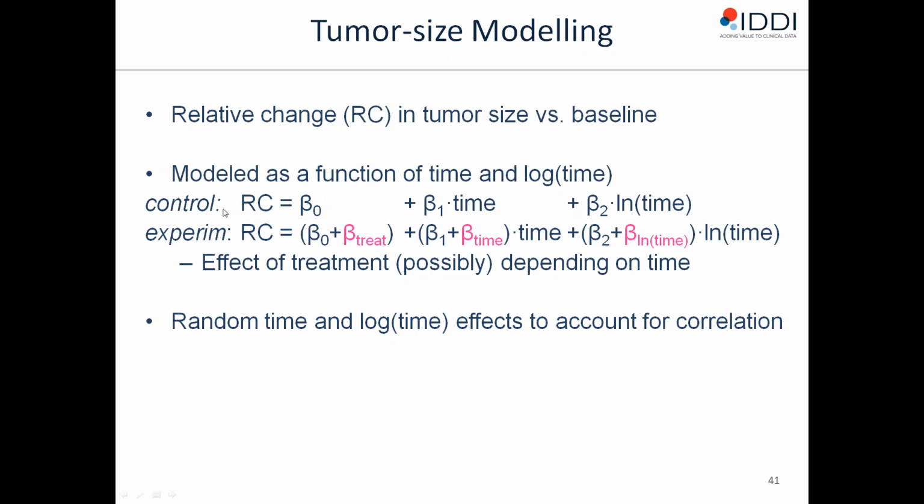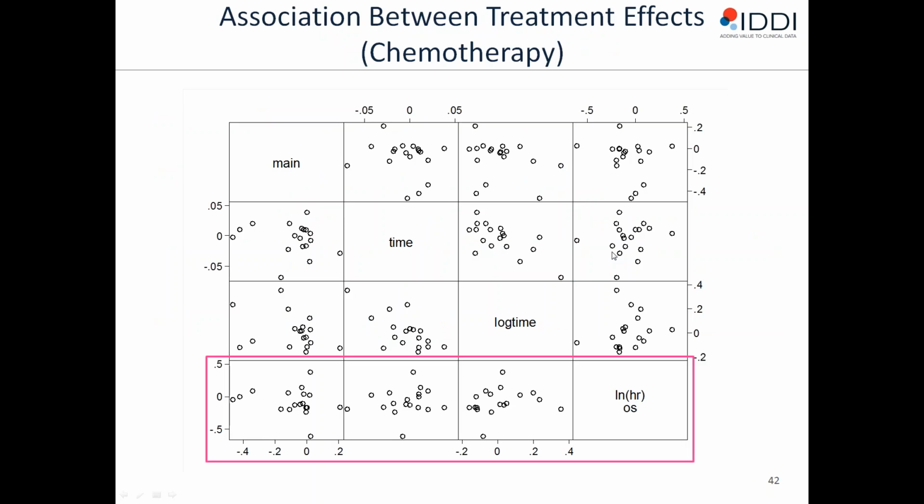So using this model which I have just described, we can look at the effect of the treatment as expressed by the shift in the profiles, by the effect on time, and by the effect on the logarithm of time. And this is the scatter plot matrix where we show the effect, so the shift in the intercept, on the time scale and the log time scale, and this is the logarithm of hazard ratio for survival.